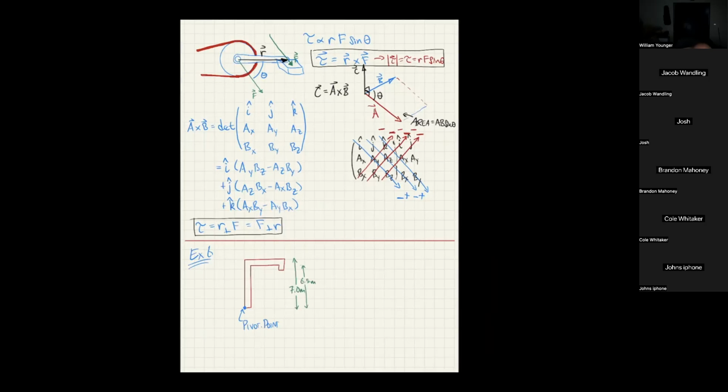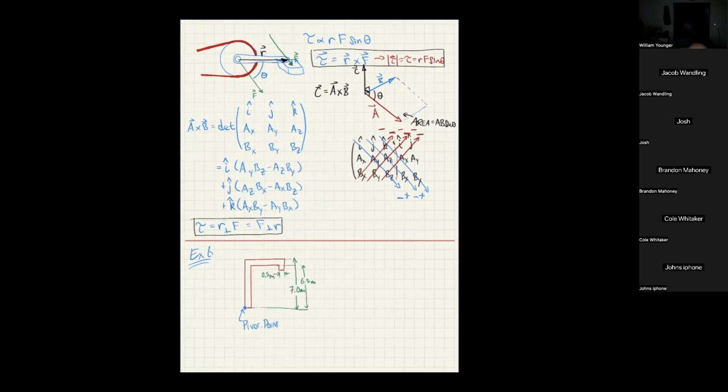So you can see that this one goes to there, this one goes to there. Both of these go to the bottom. I will also say that this dimension right here is 0.5 meters.